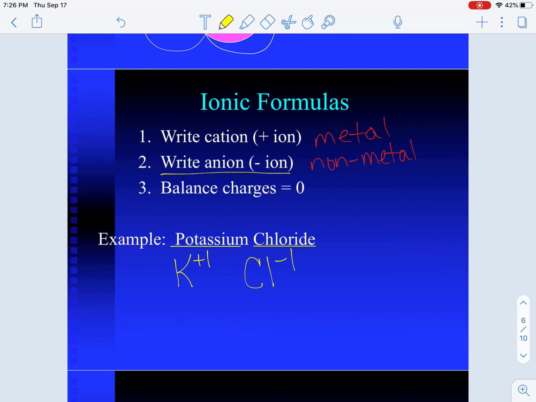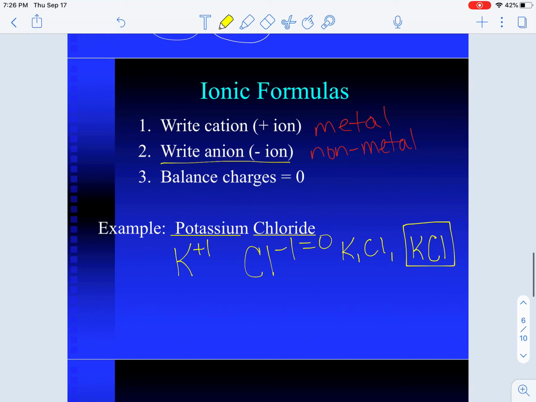We know balances out to 0 already. 1 plus -1 is 0. So we only need 1 potassium and 1 chlorine atom. However, we don't write the ones. So our final answer is KCl.